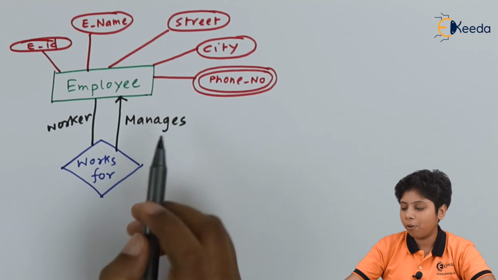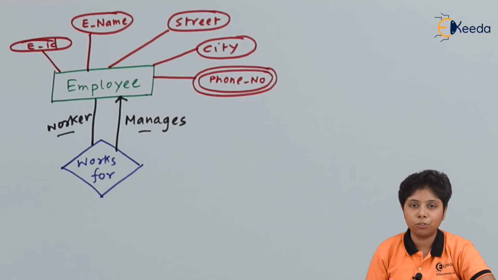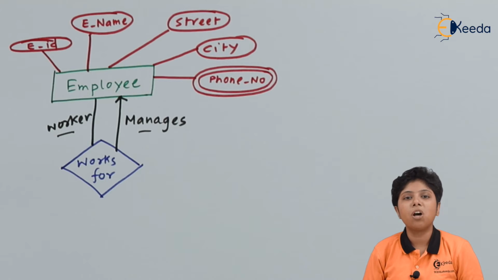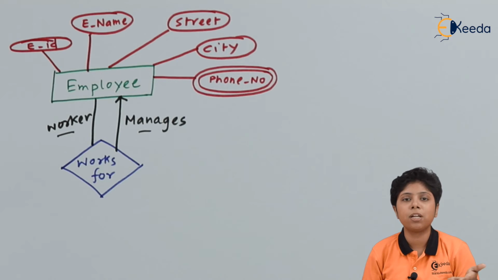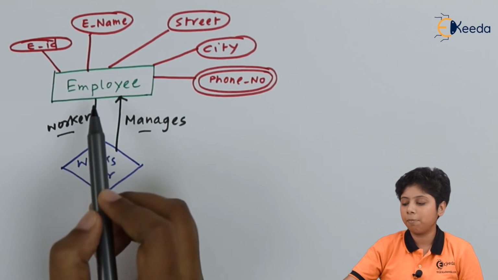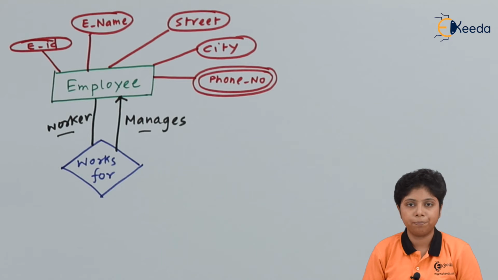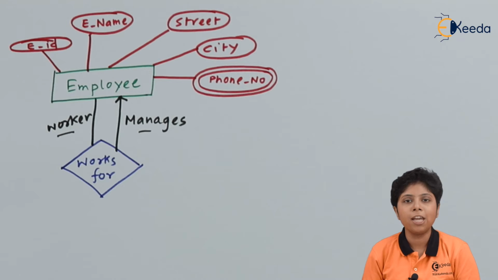So either our employee is a manager or a worker to the particular enterprise. If there are many types of roles for the employee, then we can add another line here. So in general cases, the manager manages the employee or a worker works for the enterprise.